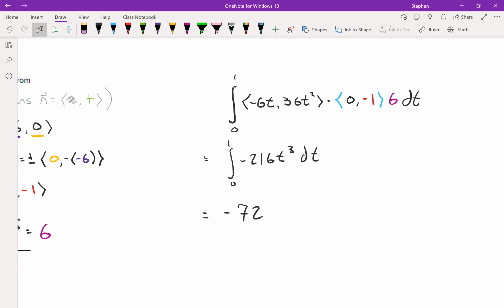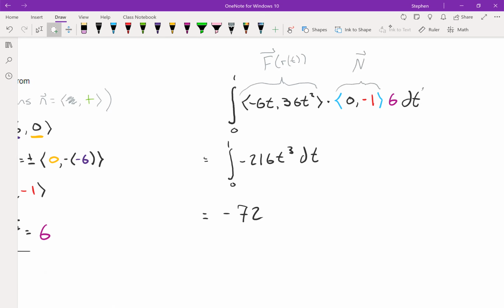I just wanted f of r, which if I start labeling some of these pieces, this piece, f of r of t, times the unit normal vector, which is n, and then multiply that by ds.